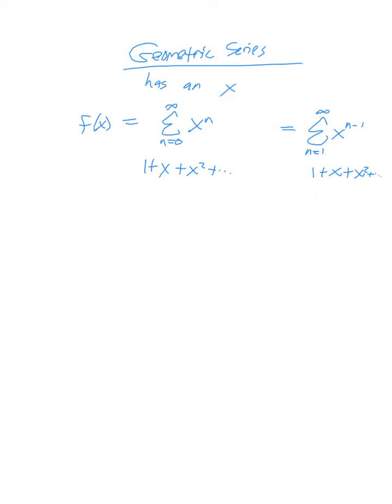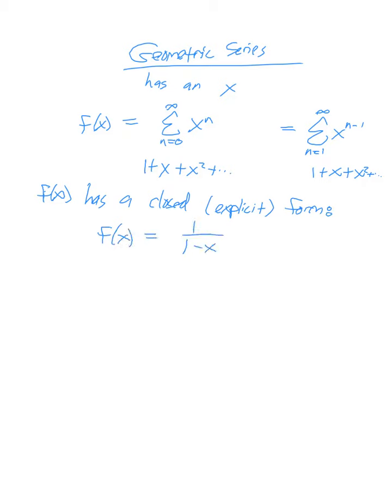So the geometric series is very unique because f of x has a closed form. Rather, you can call it explicit form. And so the claim is actually that f of x is this very simple looking function, 1 over 1 minus x, which has this behavior.